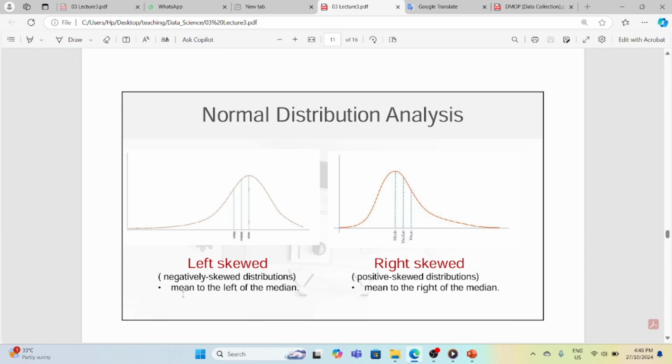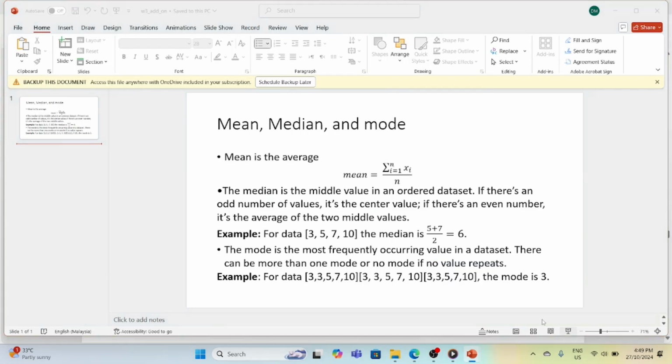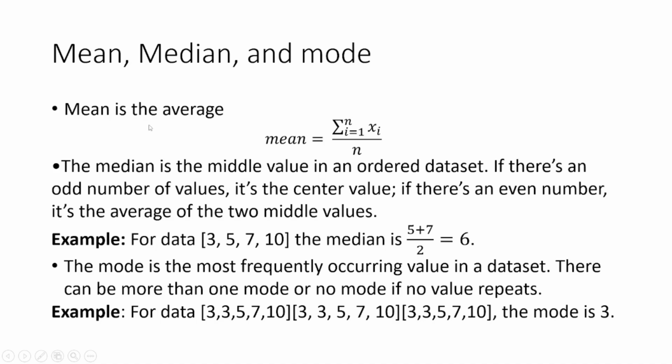Okay, we discussed the mean, mode, and median here, right? So let's see what they mean. The mean is the average, which is the summation of the elements divided by the number of them. The median is the middle value in the ordered data set.